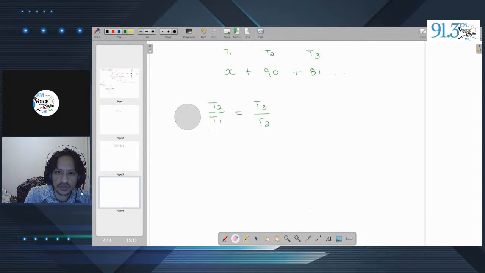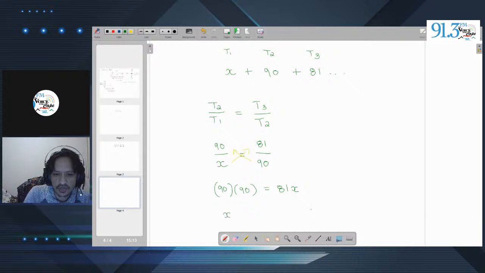So we just ignore this R and substitute our terms in. Term 2 is 90, term 1 is x, term 3 is 81, and term 2 is 90. Now we can solve for x. We just do some cross multiplication, and we'll end up with 90 times 90 equals 81x.